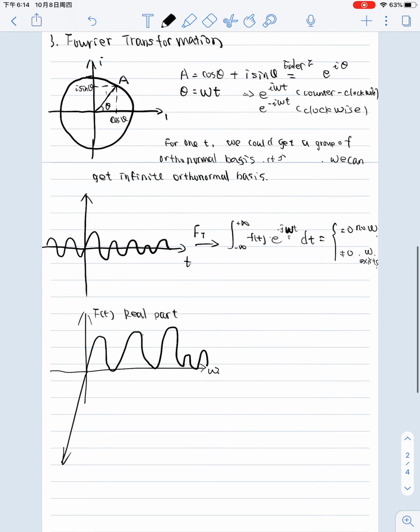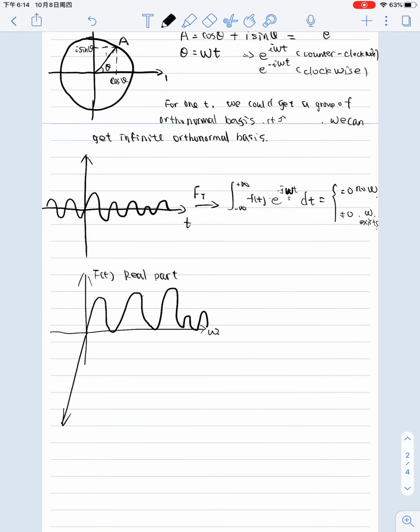And also we get the imaginary part. What is the imaginary part?